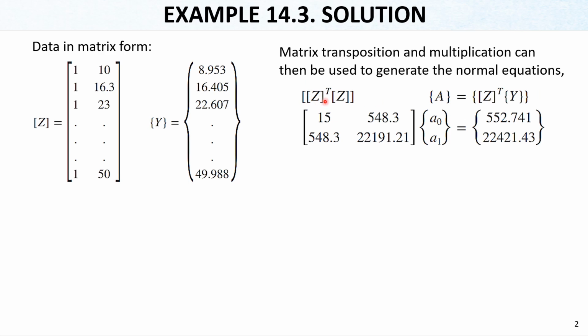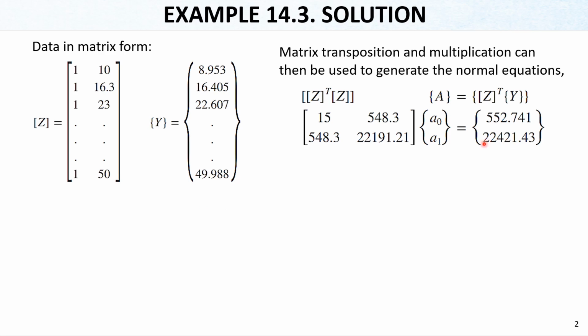This Z transpose times Z is obtained by using this. This is just Z, and the transpose is a horizontal version of this. When you multiply them, you will obtain this result. The A's are the unknowns, because we are using a linear regression, so it's just two unknowns. And Z transpose, again the transpose of this, times the Y values.